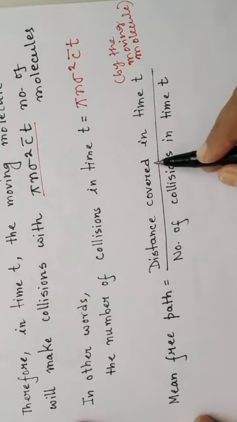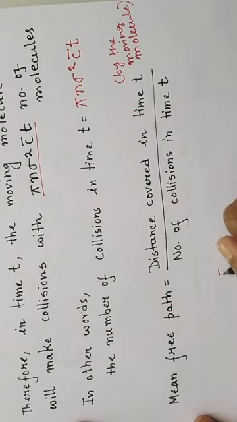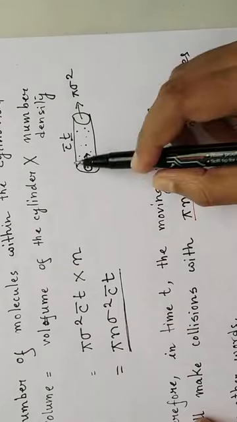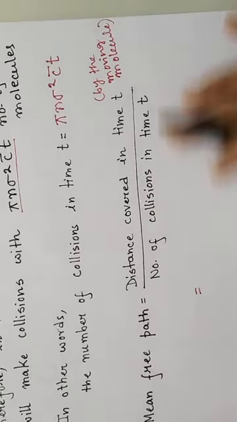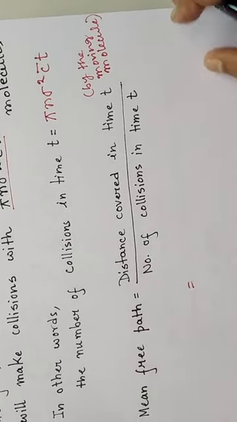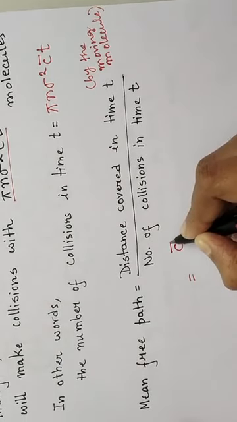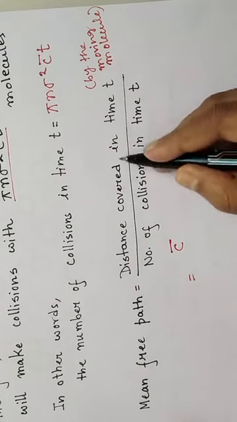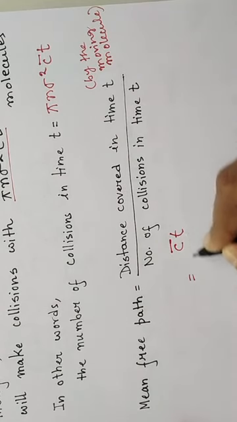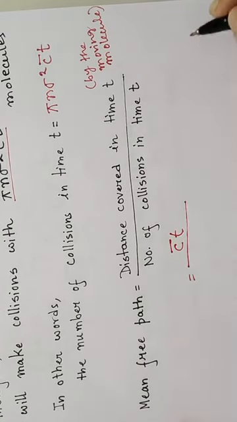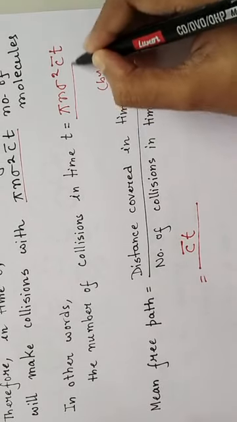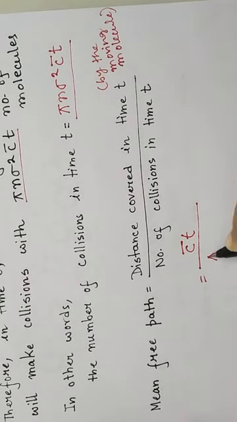So what is the distance covered in time t by the moving molecule? Because the moving molecule is moving with an average speed of c bar, the distance covered in time t is c bar t. And the number of collisions in time t is pi n sigma square c bar t.